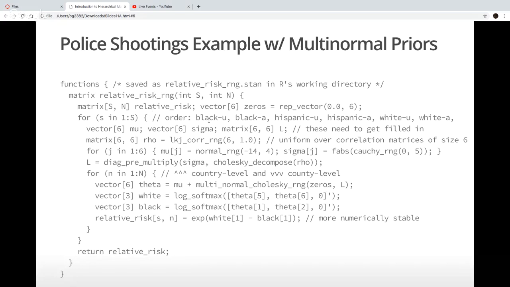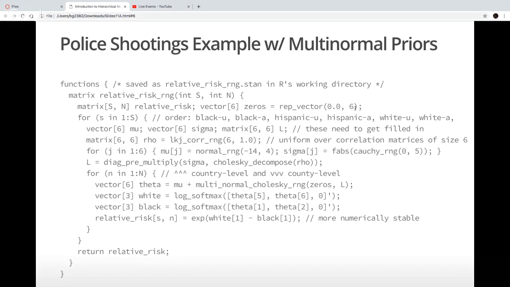And then I make a vector of zeros, which you'll see how it's used in a second. Not sure if we've talked about this function, rep_vector. It's very similar to rep in R. You can create a vector that has all the same elements, in this case 0, and the vector is going to be of size 6.